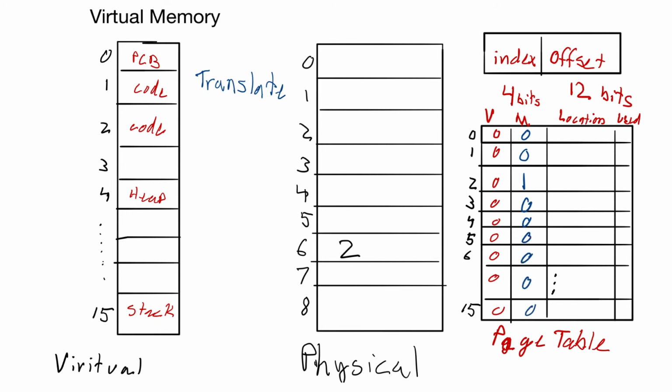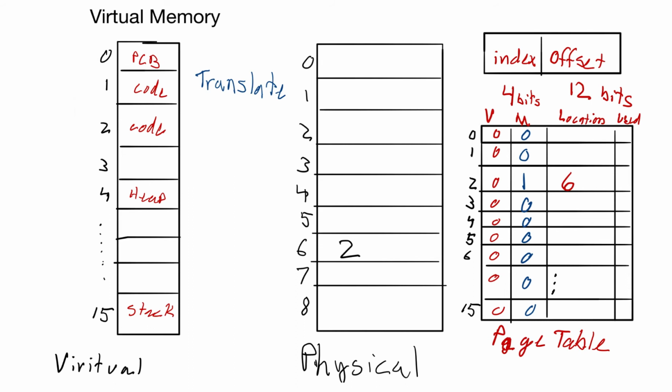And then finally, if it is in memory or if it's on the disk, we need to know where it is. So remember before I said that page 2, we decided to put it into physical memory at this page frame number 6. We stored the number 6 saying that page 2 is located at page frame number 6.